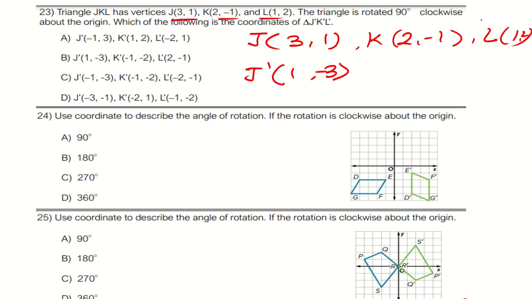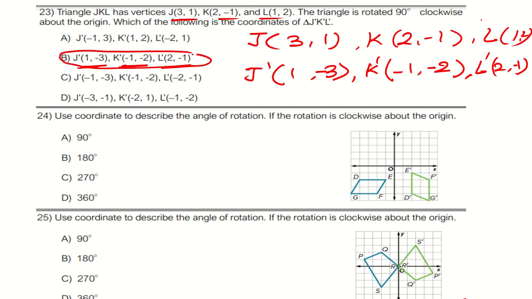So that is (1, -3). K' will be: change the values of x and y first and then change the sign of y. And for L', change the values of x and y first and then change the sign of y. So (1, -3), do we have it somewhere? (1, -3) here, then (-1, -2) here, and (2, -1) here. So this is the correct option.